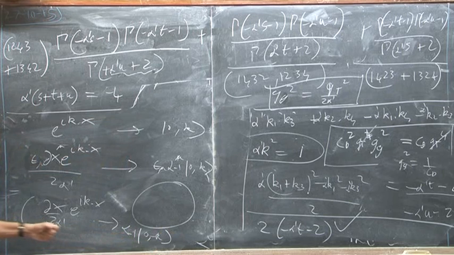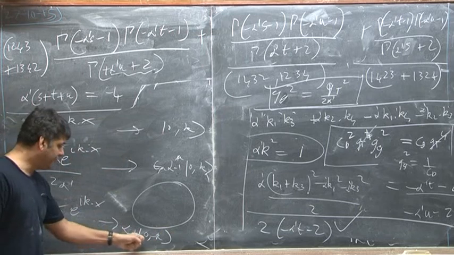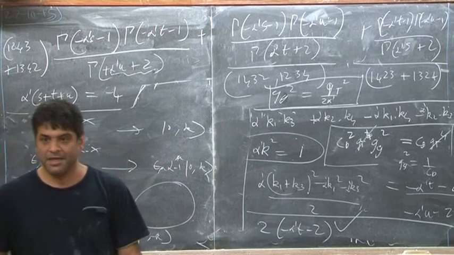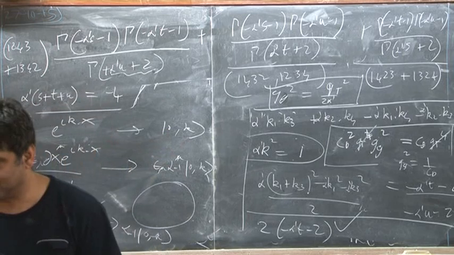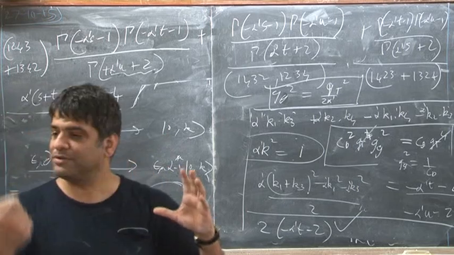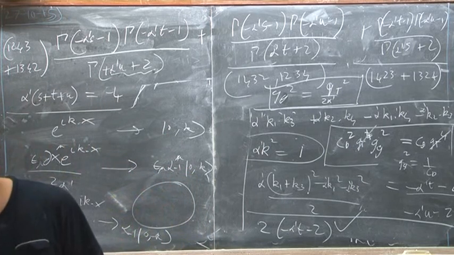This is the baby version of the problem. How would we check this? One way would be, if this was true, then alpha 1 acting on the state would give us the state 0k. So if this was true, then alpha 1 acting on the state would give us the state corresponding to the insertion of e to the i k dot x.